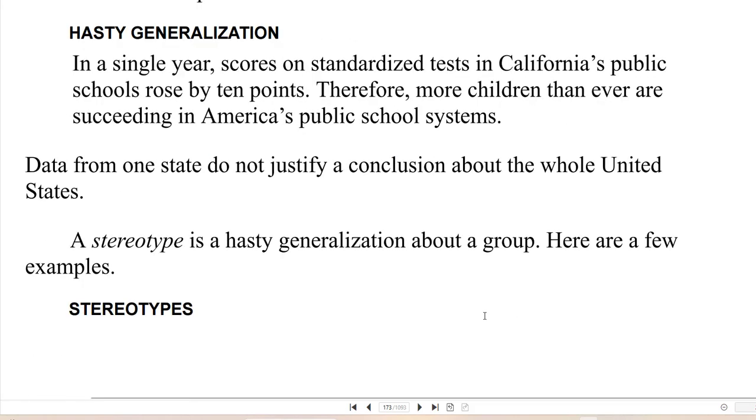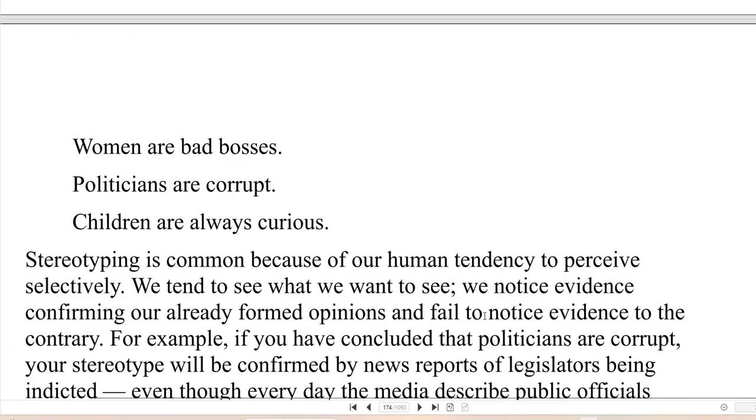A stereotype is a hasty generalization about a group. Here are a few examples. Stereotypes: Women are bad bosses. Politicians are corrupt. Children are always curious. Stereotyping is common because of our human tendency to perceive selectively. We tend to see what we want to see.